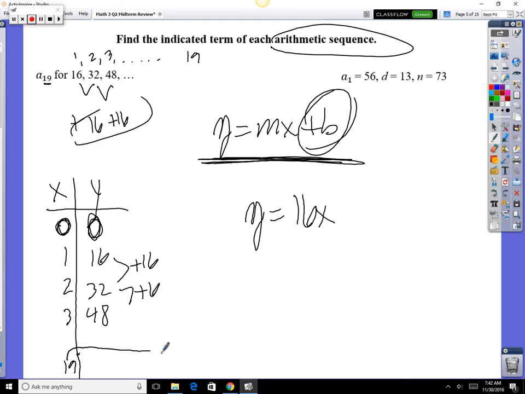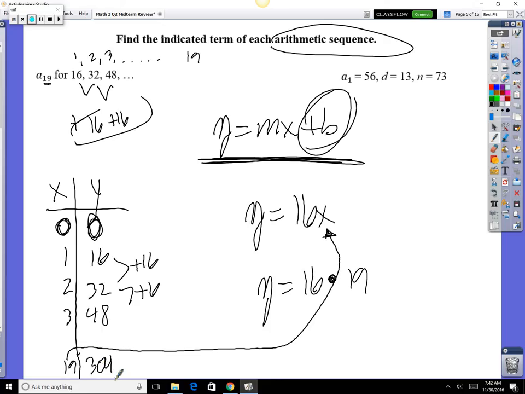So you are going to take 19 and put it in place of the x, and that will give you, to find the y, all you got to do is times it by 16. So the y is going to equal 16 times that 19th x. So if we do 16 times 19, that y is going to be 304. So the 19th one is going to be 304.